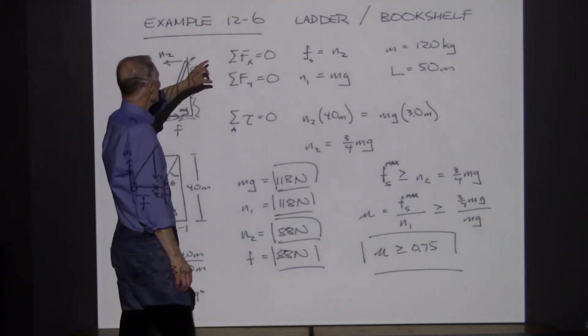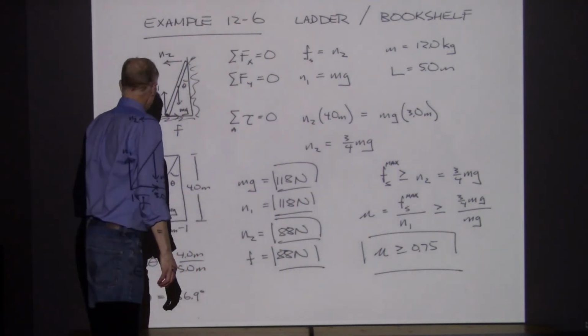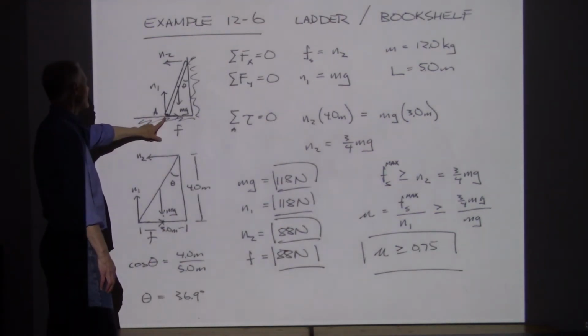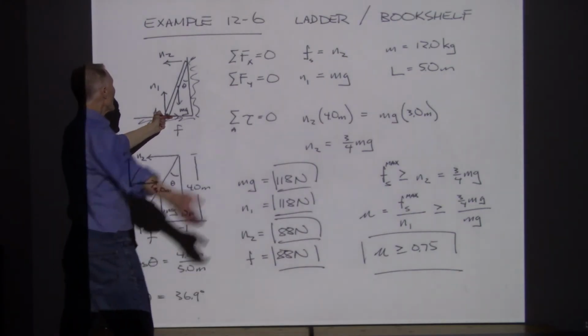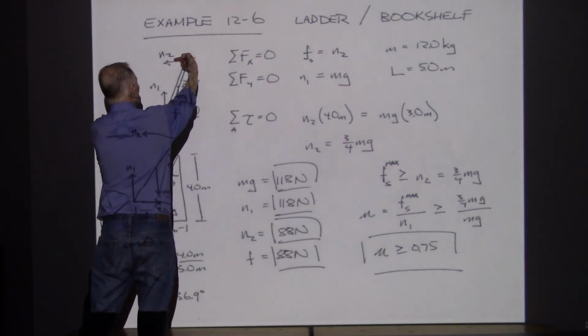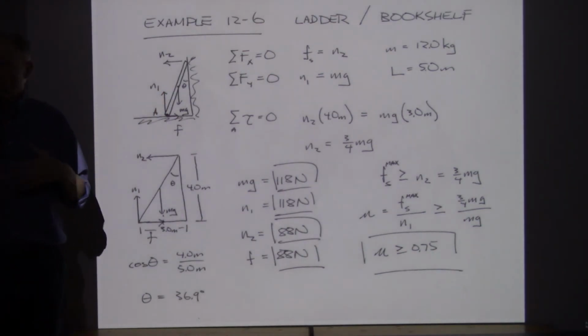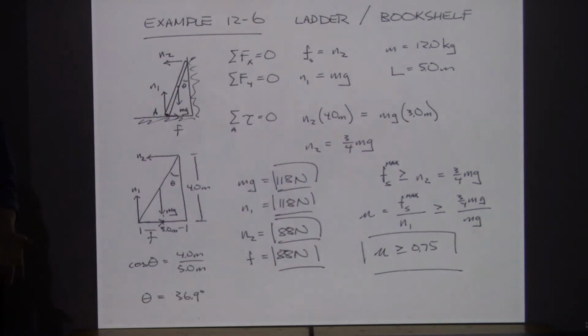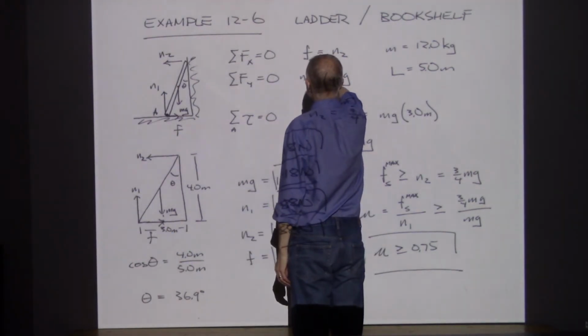So let's look at all the forces in the x, all the forces in the y. If I look at all the forces in the x, there is the frictional force and there is N2. And that's it. What engineering statics tells us is that these two forces are the same.